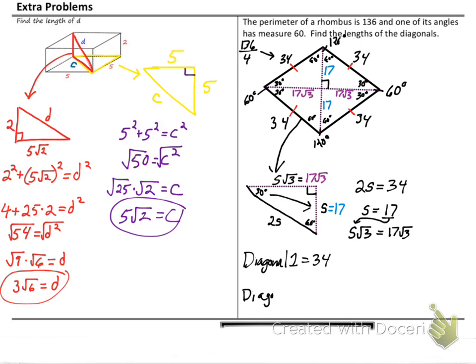Diagonal 2 is going to equal 17 square root of 3 plus 17 square root of 3, which equals 34 square root of 3. And we have both our diagonals. You will see this problem in your homework with different numbers, so you can show me that you can actually do it.